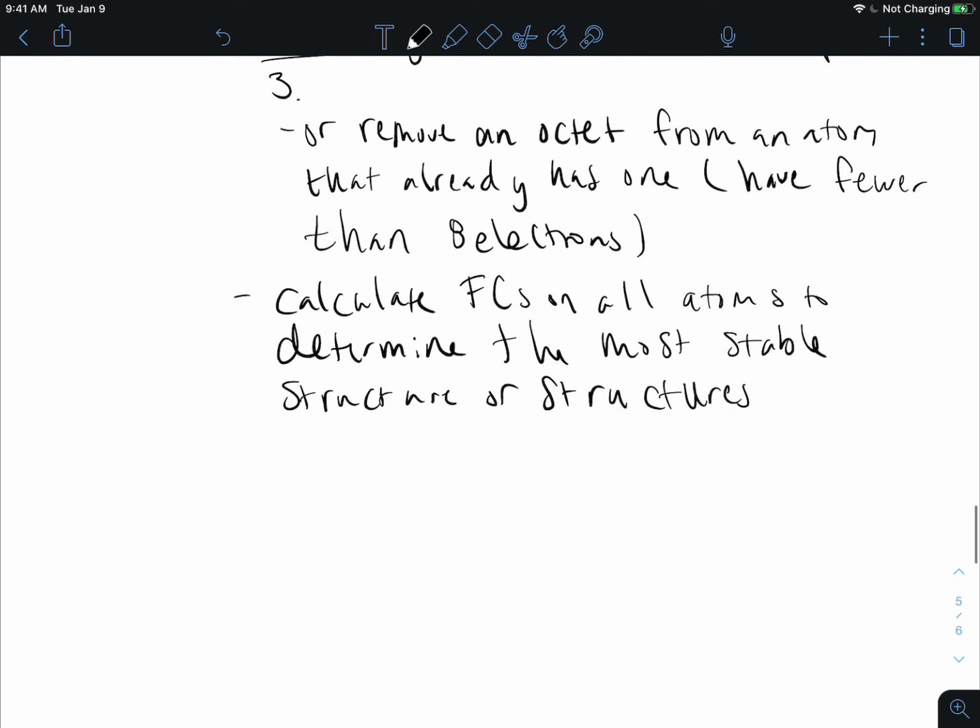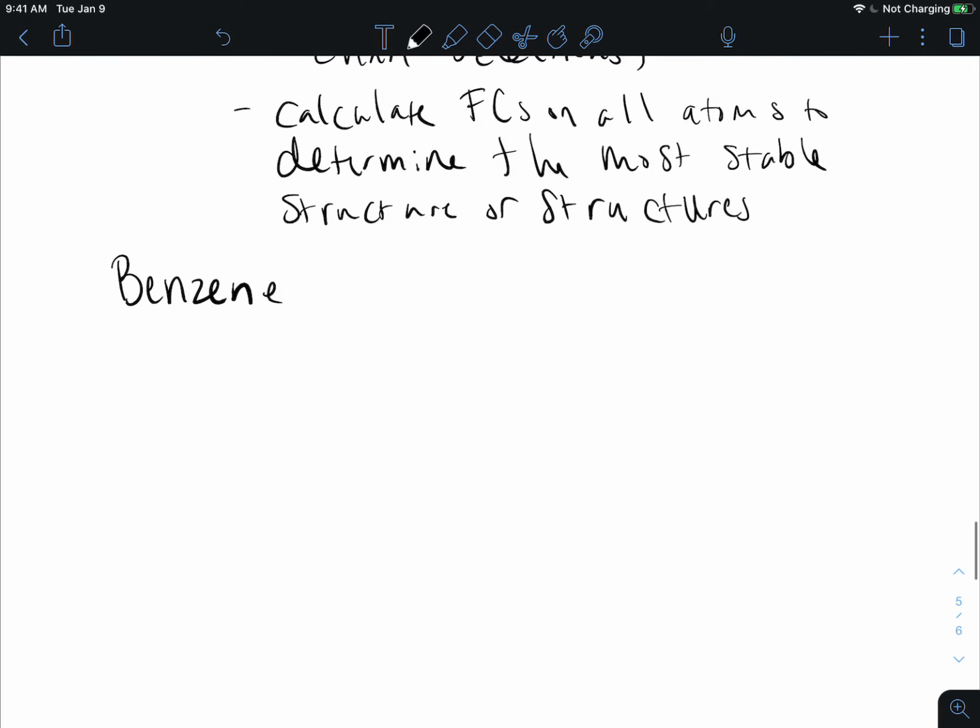One of the most stable structures we have because of resonance is benzene. Benzene, if you were to write out its Lewis structure, would look like this.